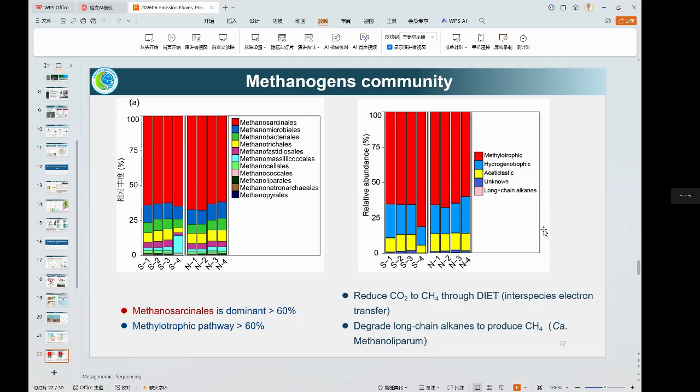For example, some groups reduce CO2 to methane through DIET, that is direct interspecies electron transfer, and some subgroups can degrade long-chain alkanes to produce methane.